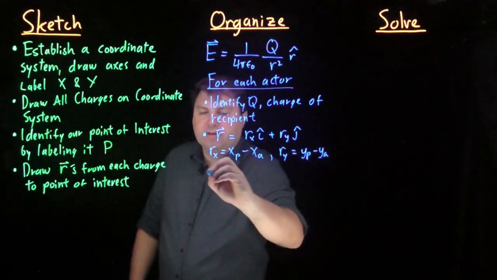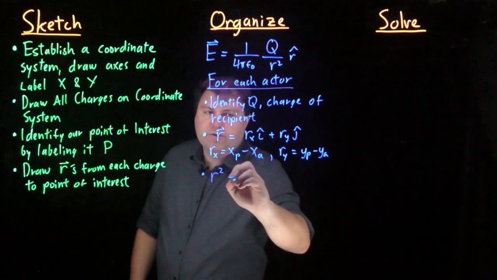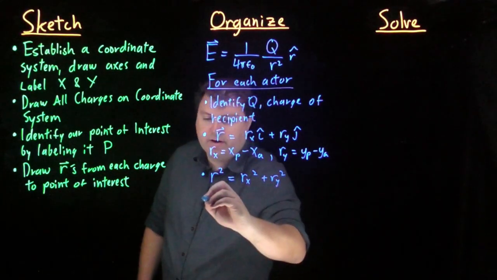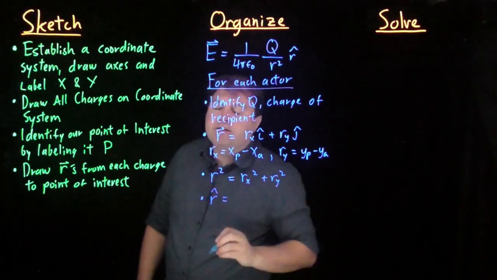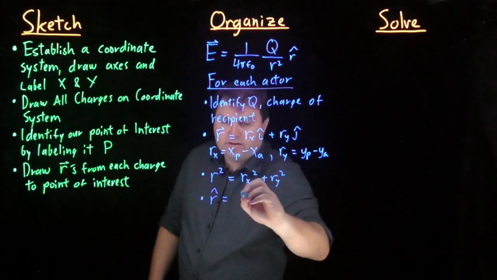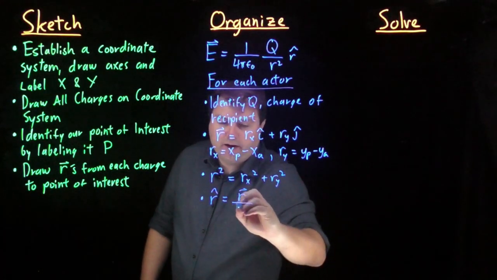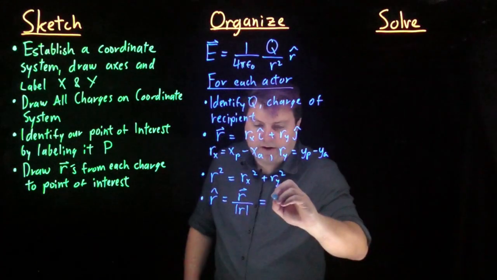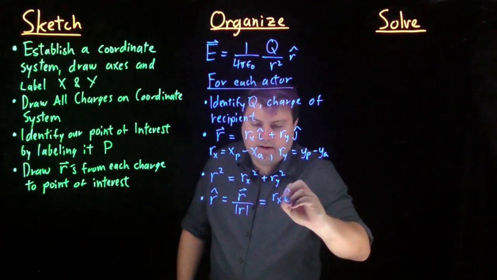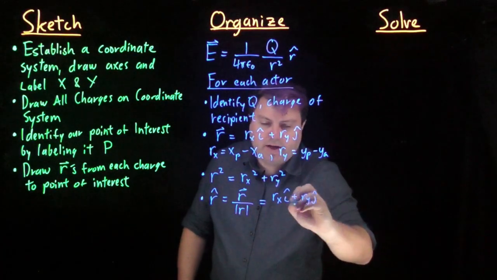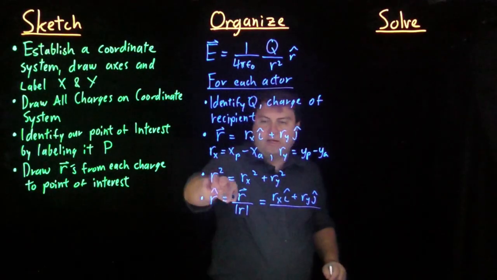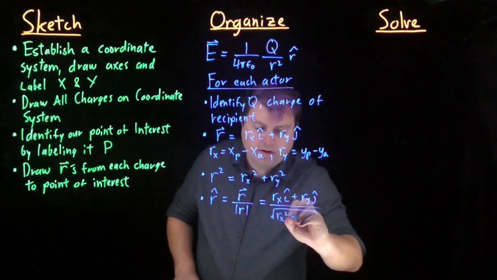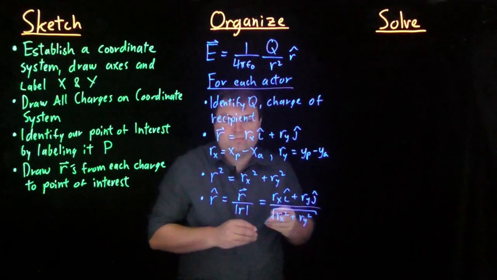Once we have our vector, then we can find r squared by using Pythagorean theorem, rx squared plus ry squared. And we can find r hat by taking our vector and dividing by the magnitude of r, which we can write our r vector as rx i hat plus ry j hat, and we can write the magnitude as just the square root of rx squared plus ry squared.